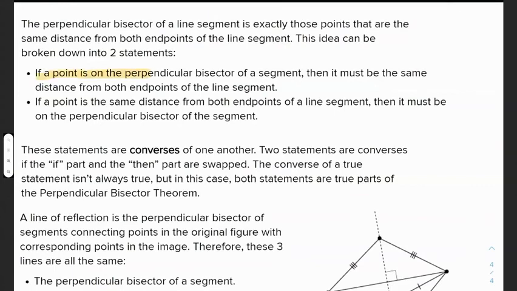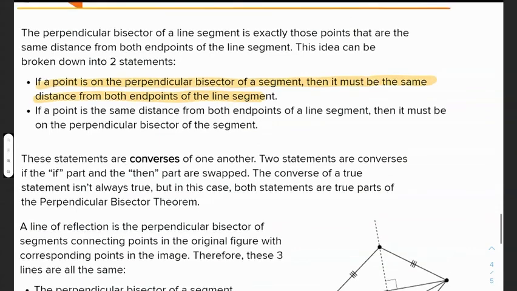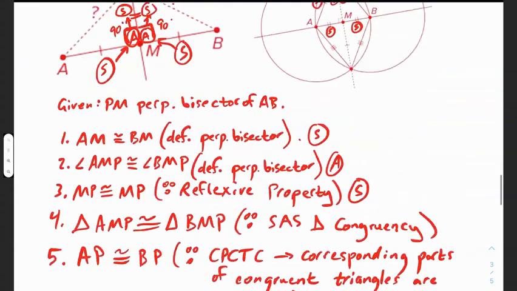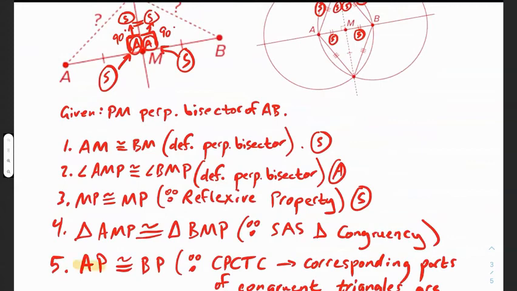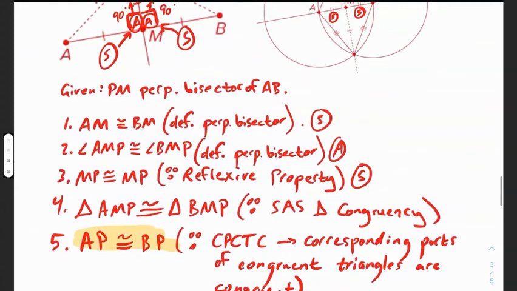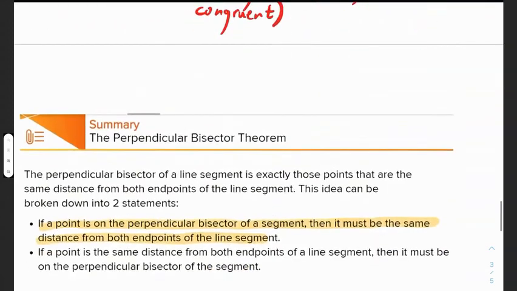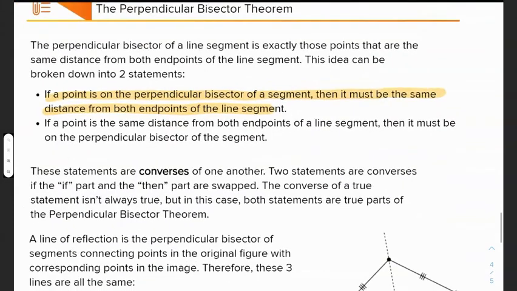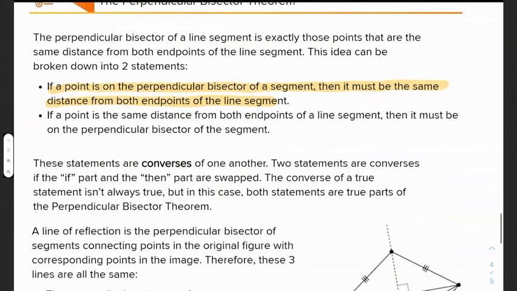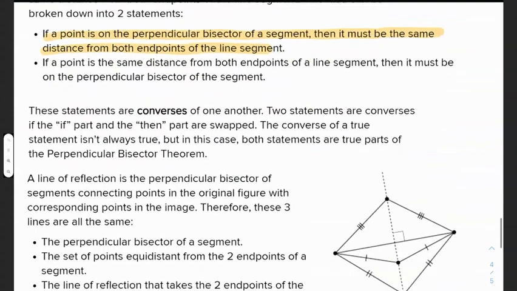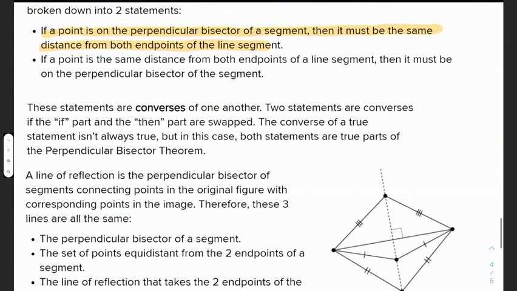If a point is on a perpendicular bisector of a segment, then it must be the same distance from both endpoints of the line segment. So basically, in this situation, AP is congruent to BP. That idea. If a point is the same distance from both endpoints of the line segment, then it must be on the perpendicular bisector of the segment.